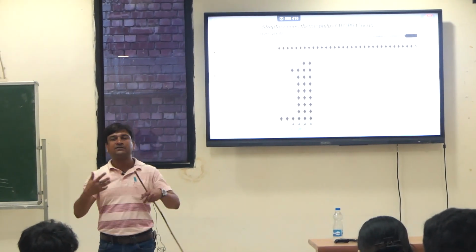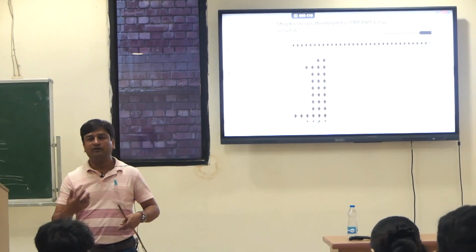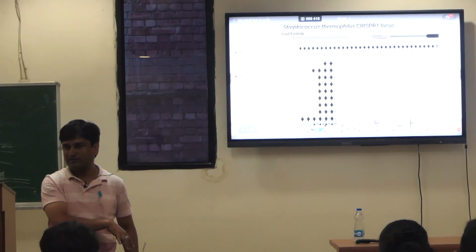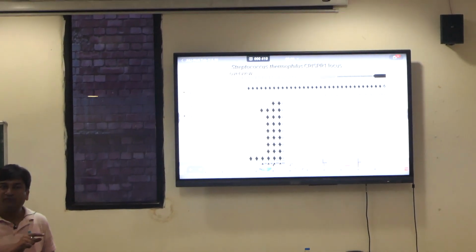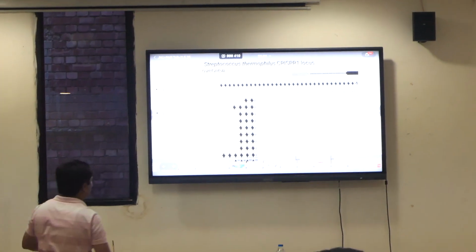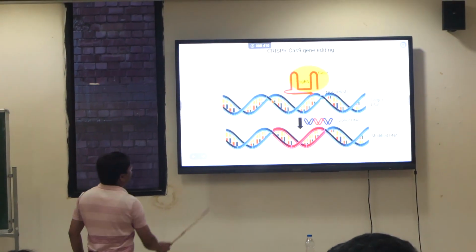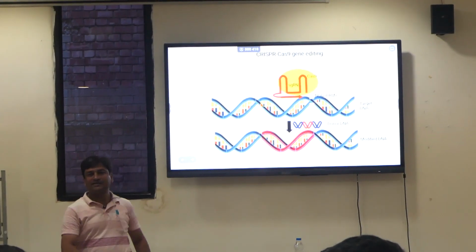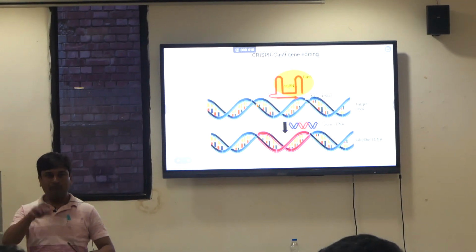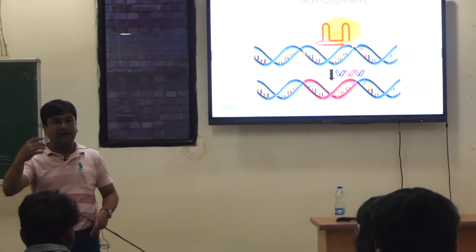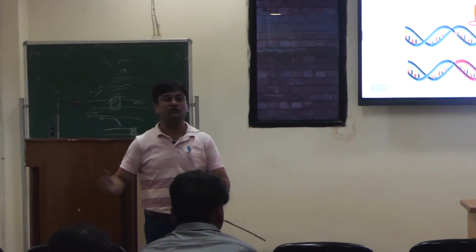But how are these spacer sequences utilized to restrict the invading pathogen DNA? After the understanding of that, it was utilized as a gene editing tool. So this is how CRISPR-Cas9 works. We are going to see how it works to restrict the DNA, and then later how it was adapted as a very efficient gene editing tool.